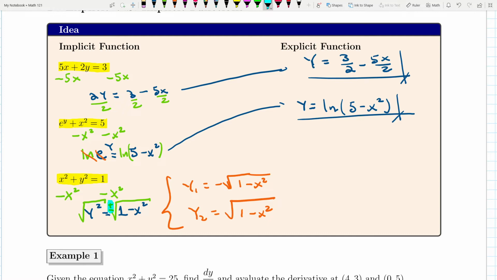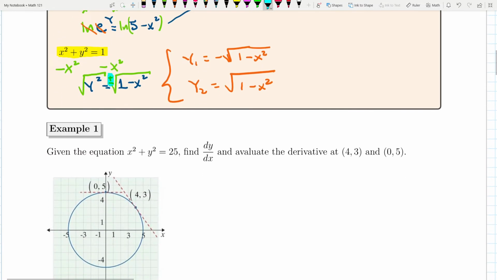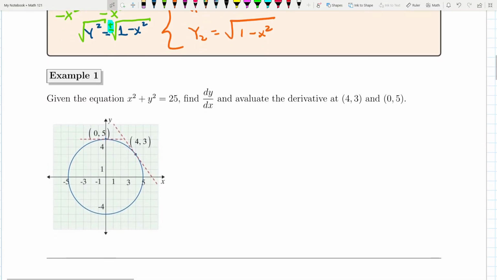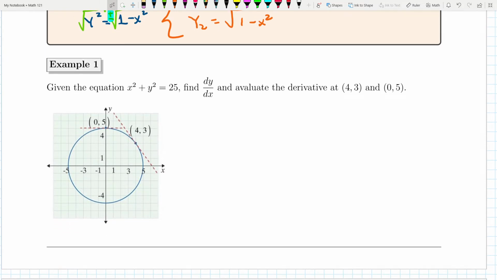Now let's see how we find the derivatives of implicit functions. We have the first equation here, another circle, of radius 5. They're asking us to find the derivative with respect to x, and then evaluate at the points (4, 3) and (0, 5).